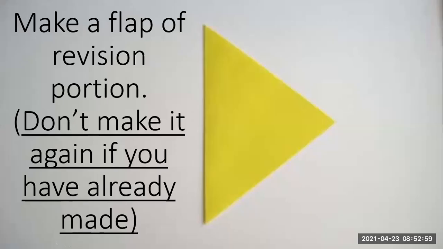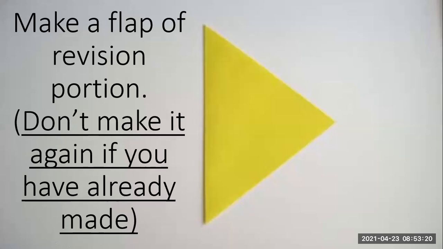After this, don't make flap again. Okay, here I have written make a flap of revision portion. So don't make it again if you have already made. This flap should be made before RT1. If you have made it, you are not going to remake it. You'll just start from the next page. Very good, Alina.